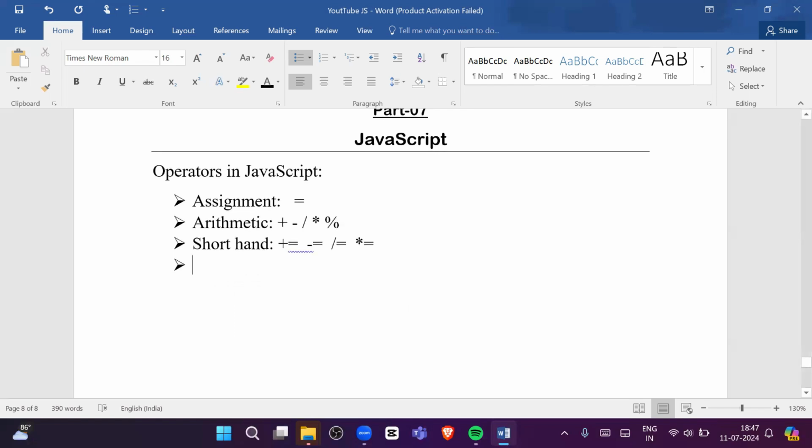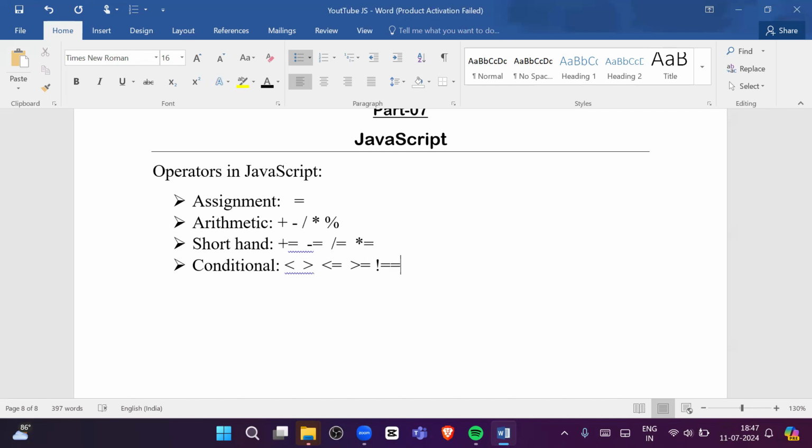Then after that we have the conditional operators. What are the conditional operators? Less than, less than equals to, greater than, greater than equals to, and not equals to.